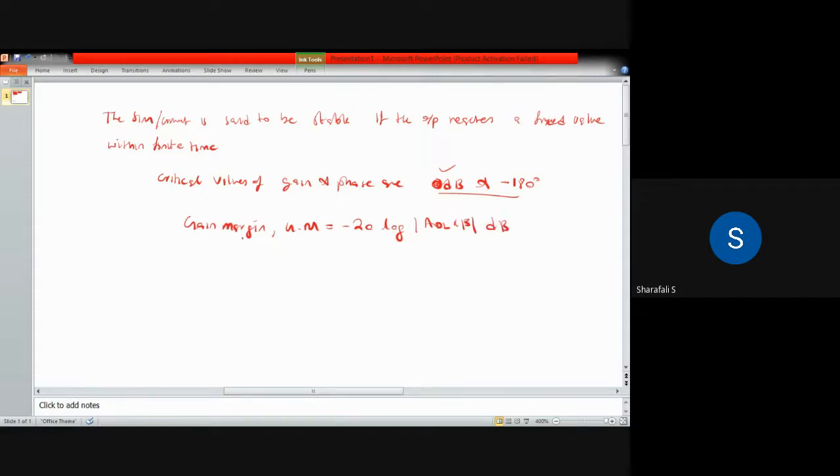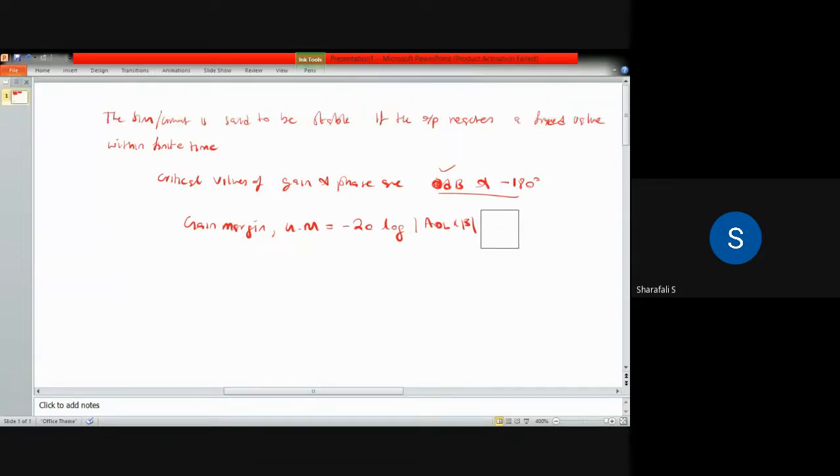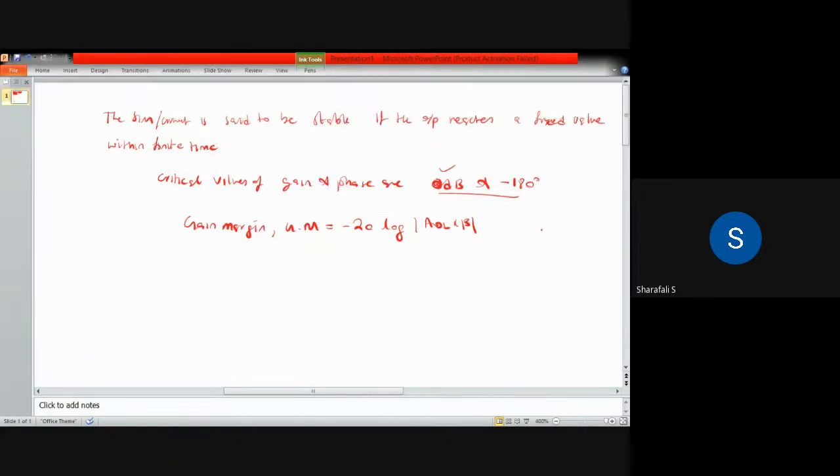And the phase margin is given by phase margin equal to 180 degrees plus the angle of AOL times beta.